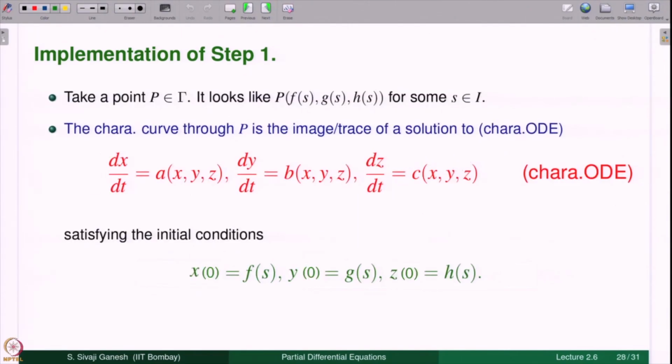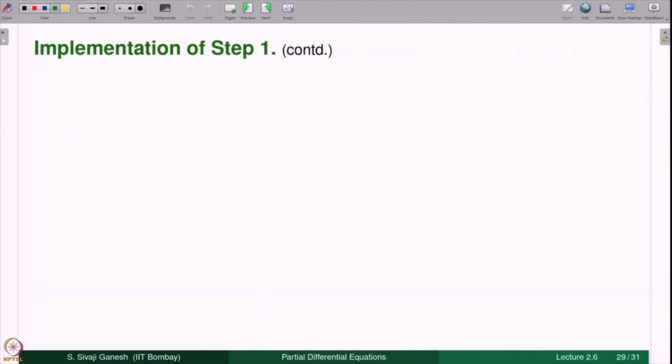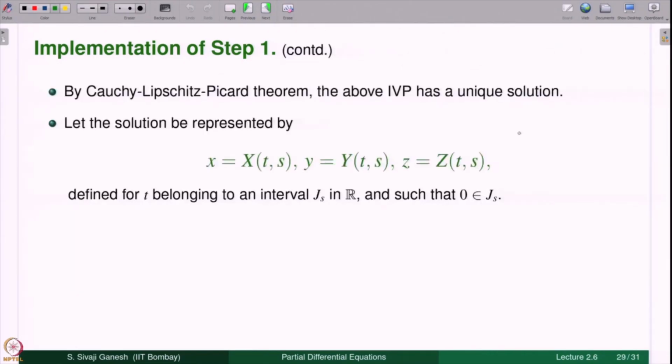The initial conditions depend on s. To remember that, we write x of (t, s), y of (t, s), z of (t, s). So, it is defined for t belonging to some interval J_s. Now, you see, the interval may change from s to s. For some s it may be one interval, for another s it may be a different interval. Only thing that we can assure is that 0 belongs to J_s.